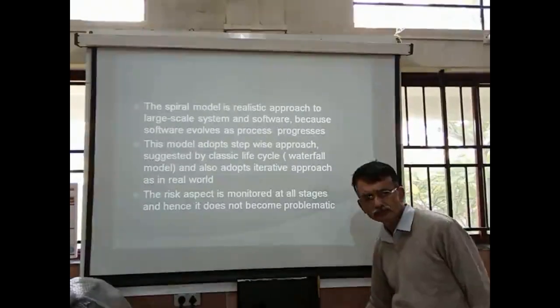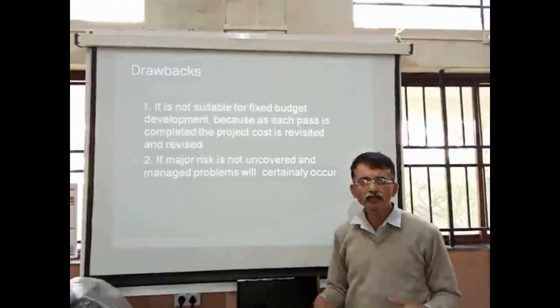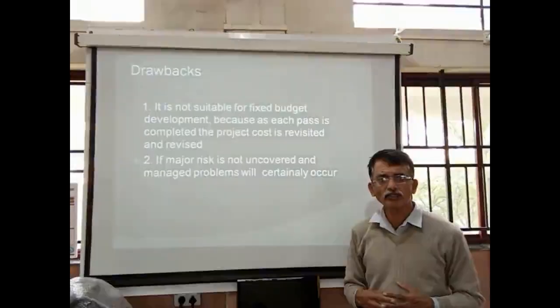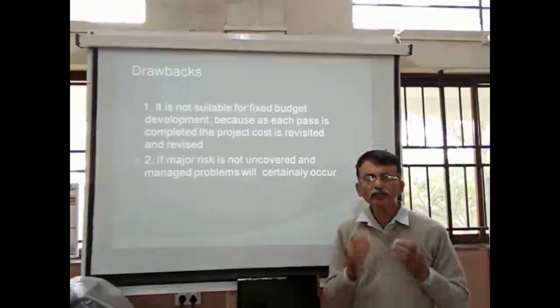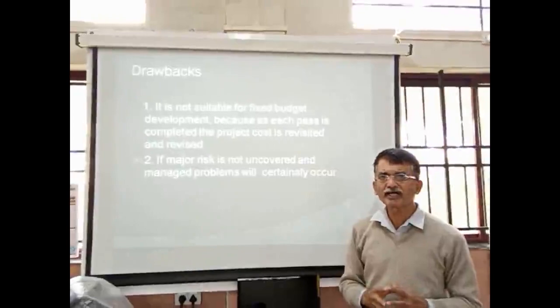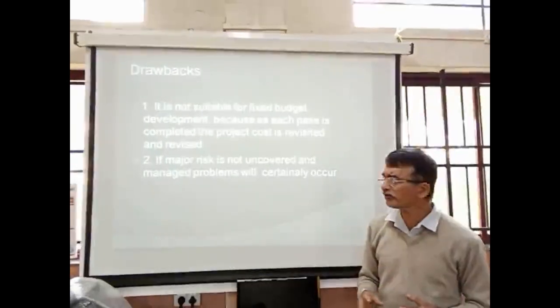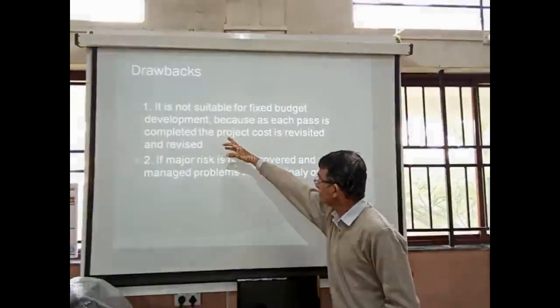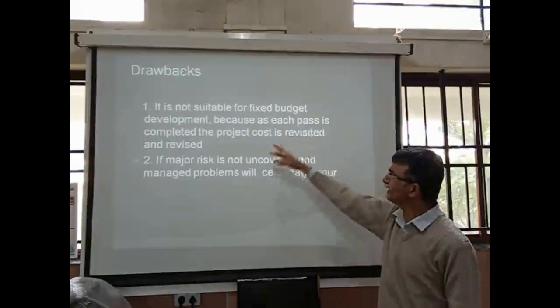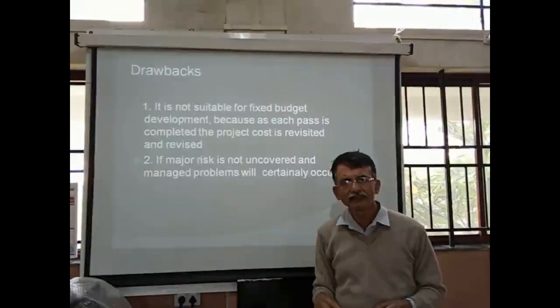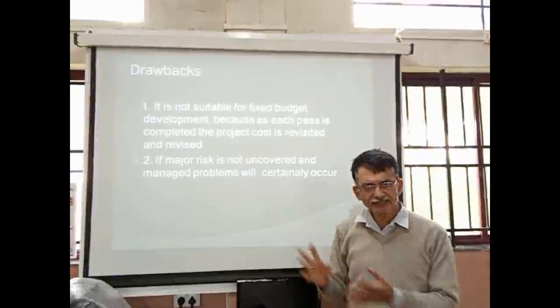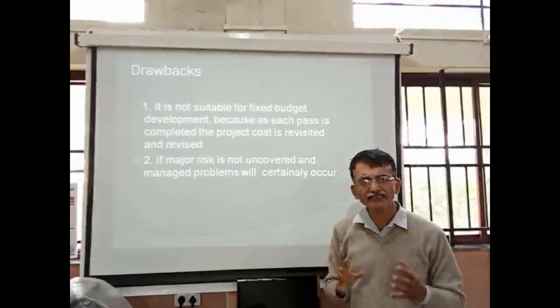Now, as you know, there are drawbacks for every model. So here we have two drawbacks of this spiral model. So what are those drawbacks? It is not suitable for fixed budget development because if the budget is fixed, this model is not suitable. What is the reason?